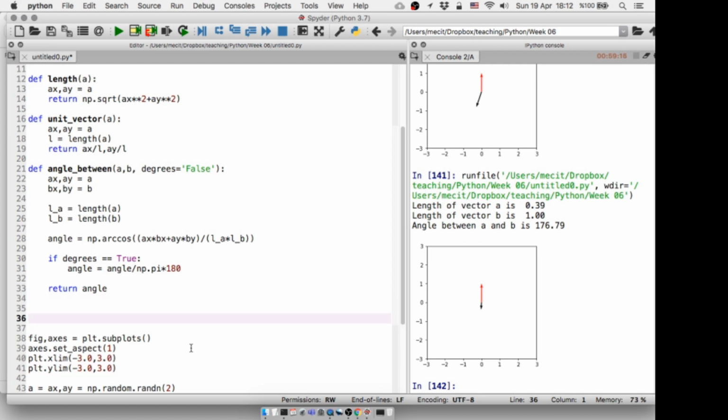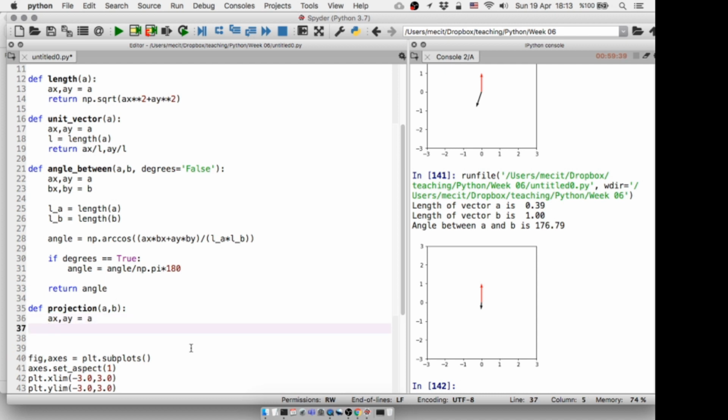Here is my new function to do that. Projection, to find the projection of vector A along B, should look like this. First of all, I need my components as always.